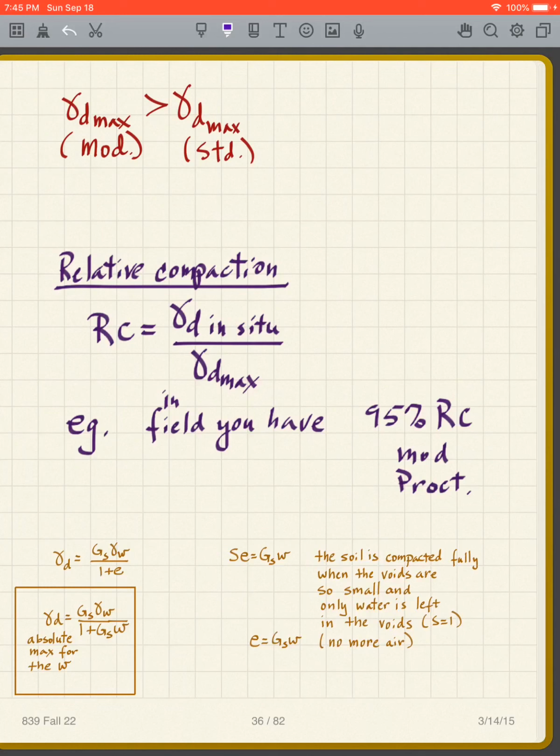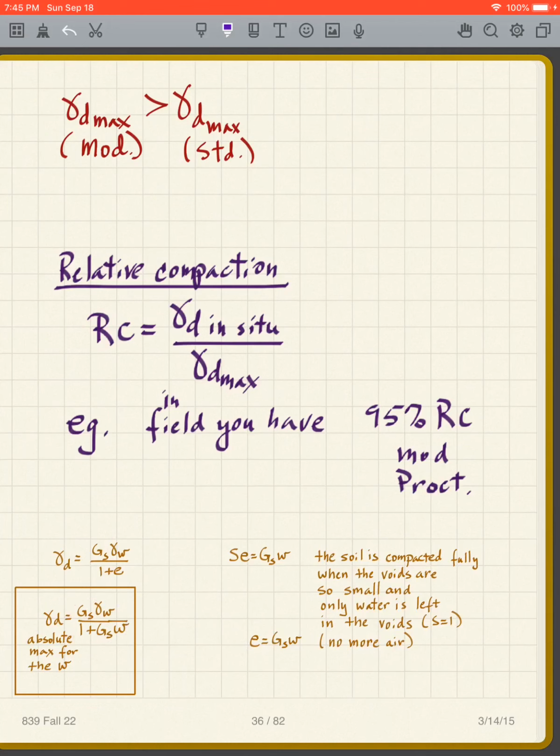And we know that our other equation was gamma D is equal to G sub S gamma W over 1 plus E. Well, E is equal to G sub S times W, so I put that in there. And I can get the absolute max for my water content by calculating its value using that formula.